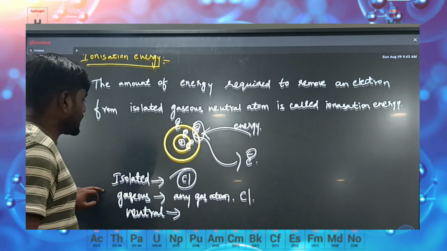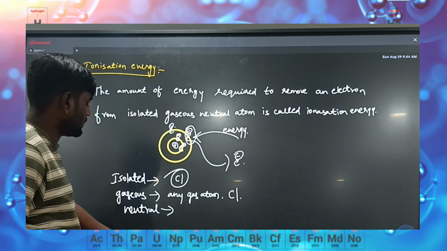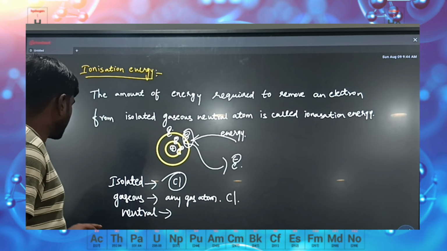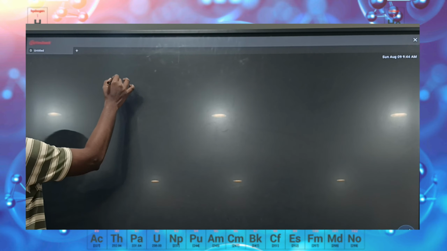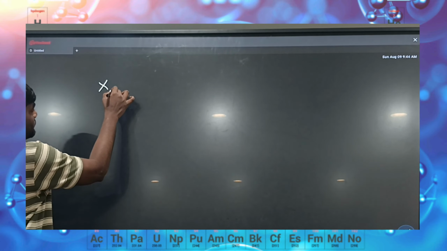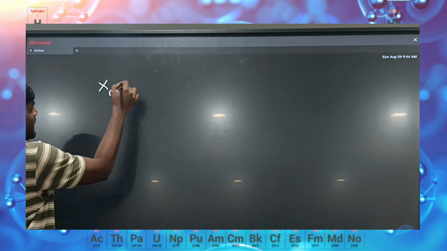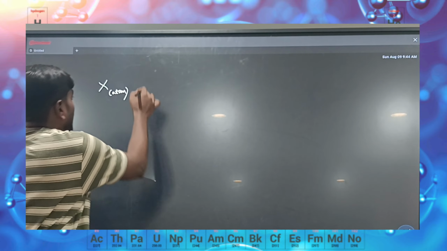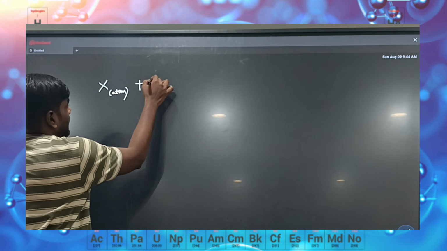Now for example, X is a neutral gaseous atom. So we need to add some energy.